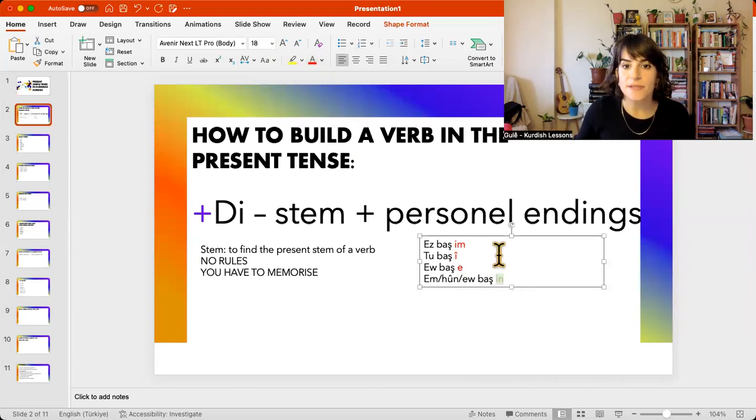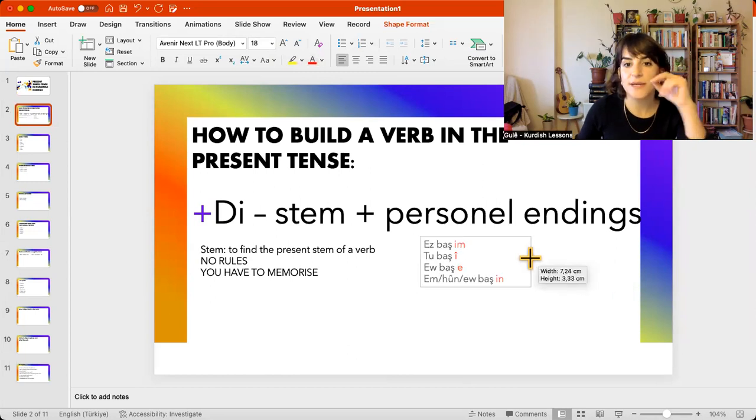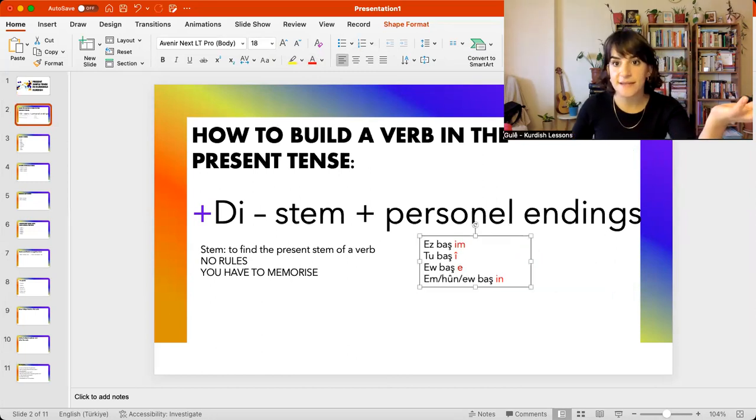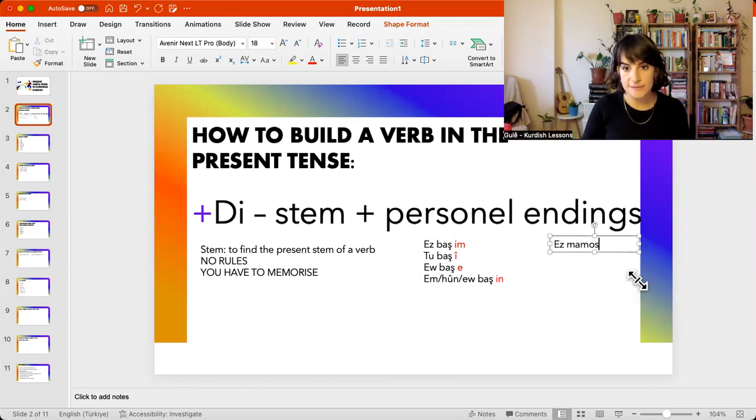You may remember that we had 2 groups of personal endings in Kurmanji, for consonant-ending words and vowel-ending words.